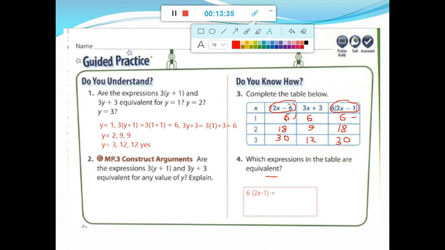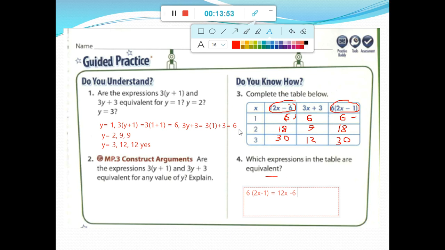Equals, let me use the distributive property, 6 multiply 2x equals 12x, minus 6 multiply 1 equals 6. So it's the same as expression 1 here.